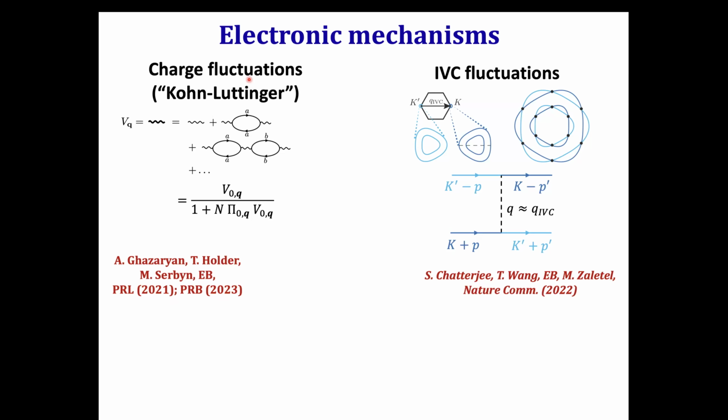Okay, so we looked at fluctuations of a particular ordered phase which exists in this system, the so-called IVC, or inter-valley coherent order. We saw that yesterday. It's a state where you spontaneously create a coherent superposition of the 2 valleys. In real space, it's some kind of density wave. And fluctuations of that kind of order parameter can also lead to pairing.